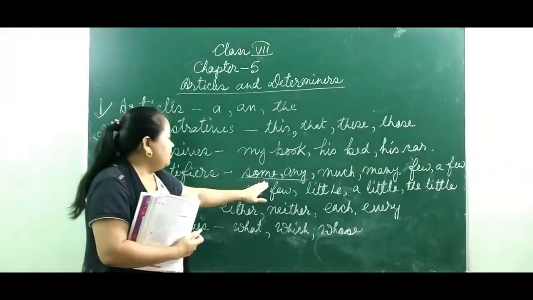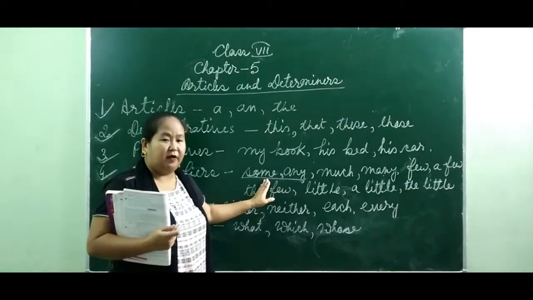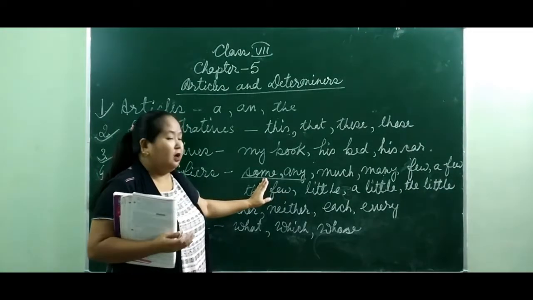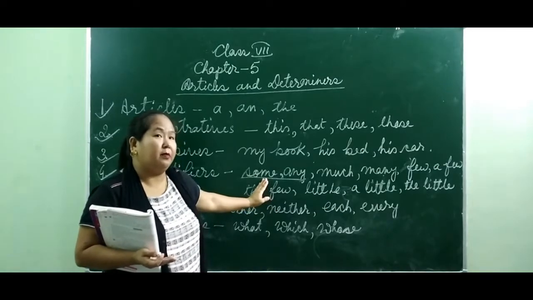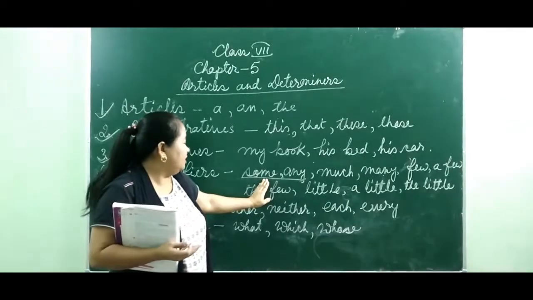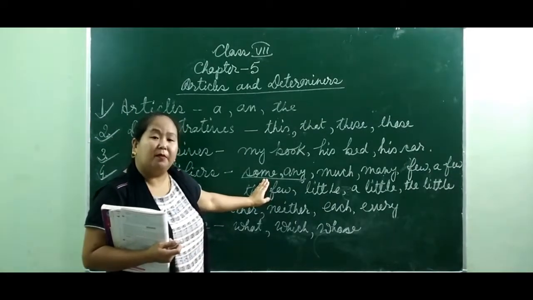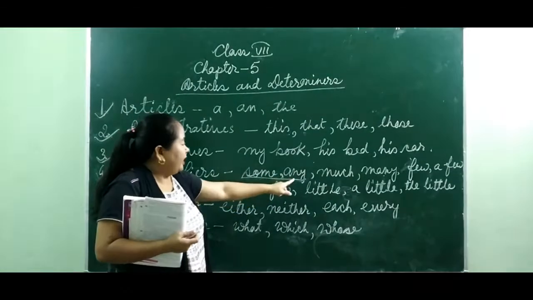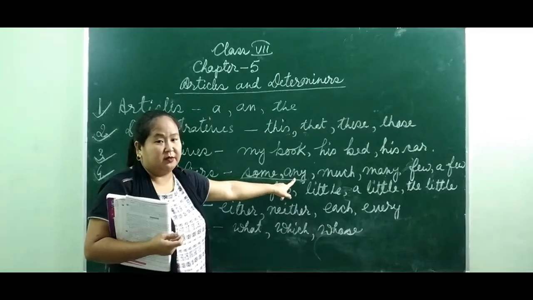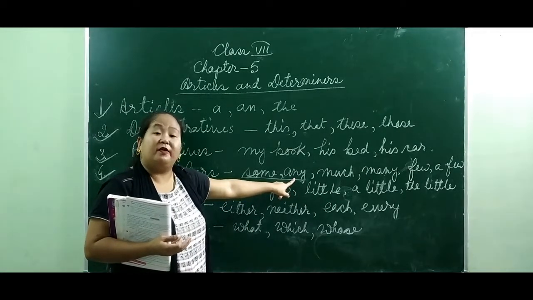Some is used in affirmative and in interrogative sentences. For example, affirmative sentence, I have some vehicles. In a question, do you have some money? Right. Any is used in negative sentences and also in interrogative sentences. For example, do you have any pen?